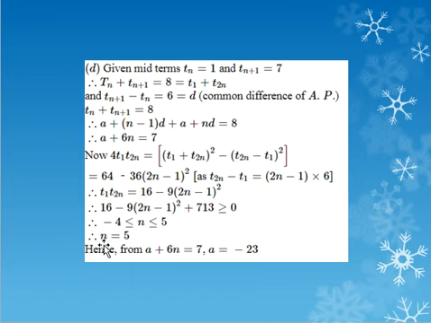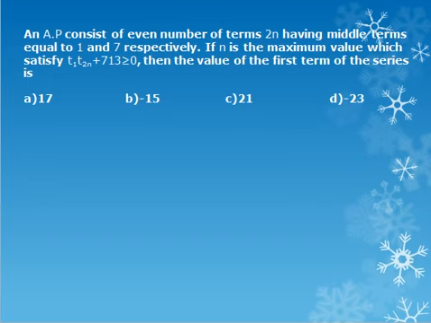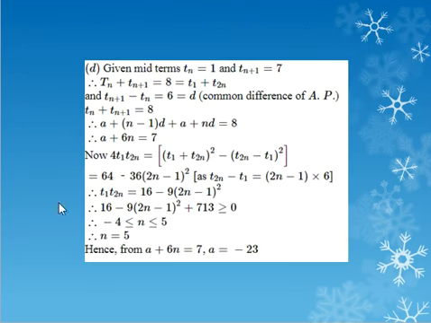Sometimes in some exams an option like 5 may be there to trick you, but never tick that. The purpose of finding n was to solve this equation over here, a plus 6n equals 7.